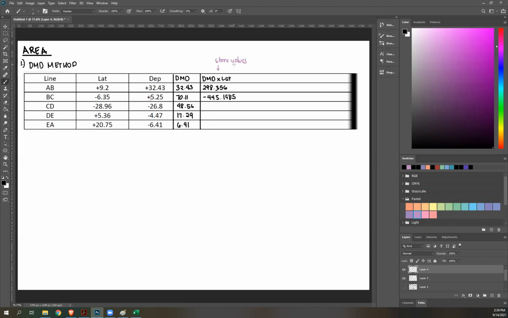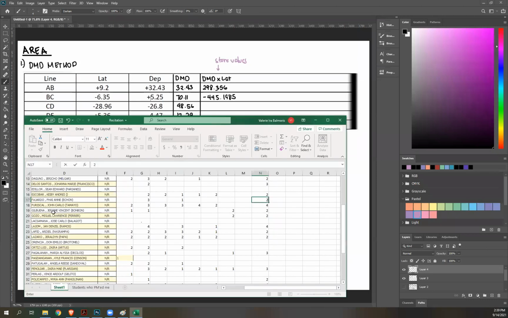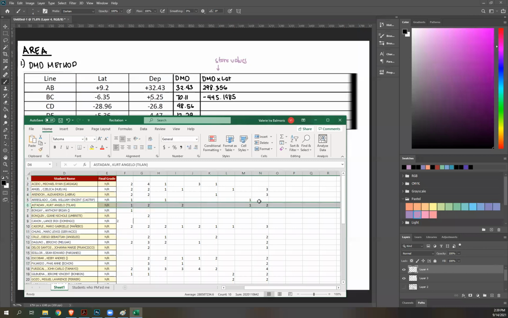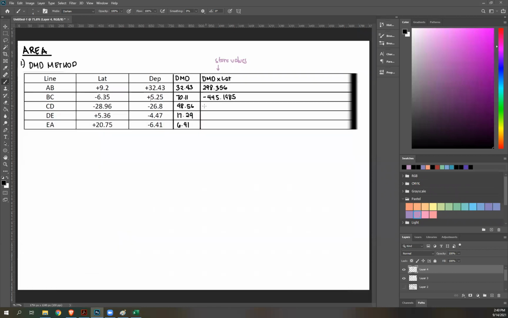Okay, so include the sign still. Sign convention still applies. Now what about CD? Correct. That was negative 12976.